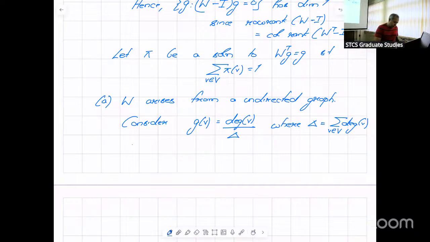It's not hard to see what W transpose pi of u is.